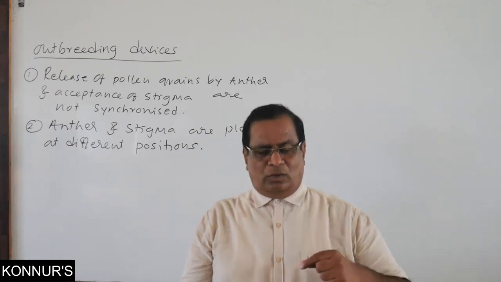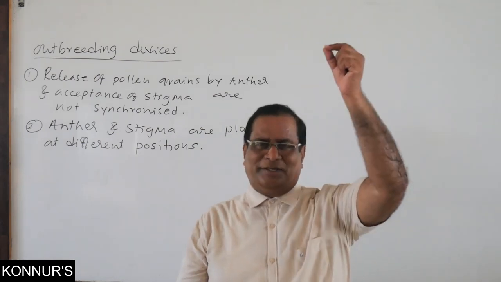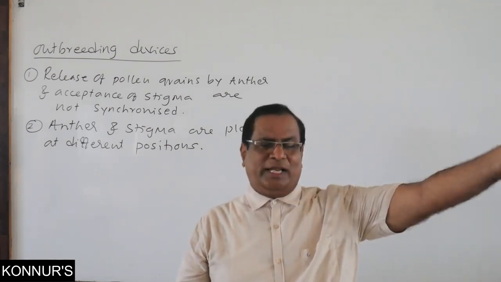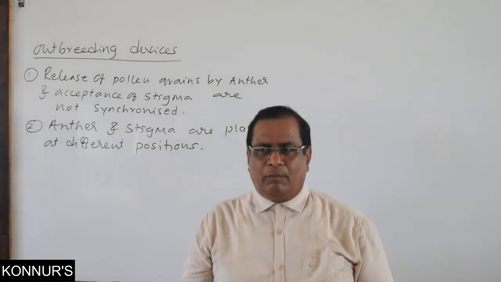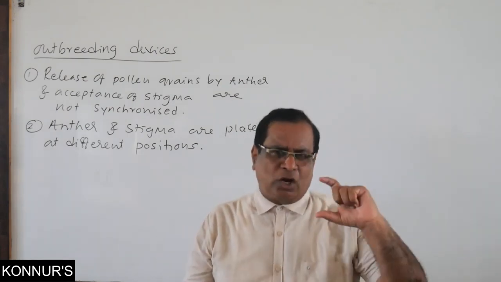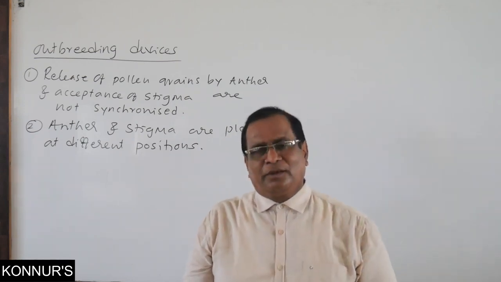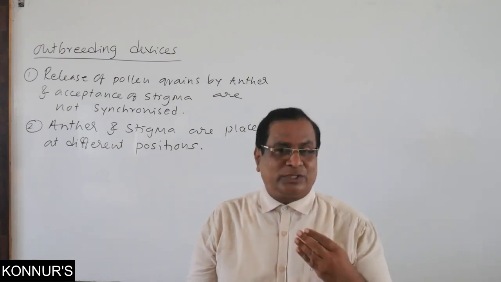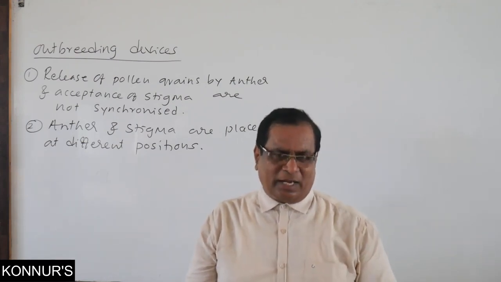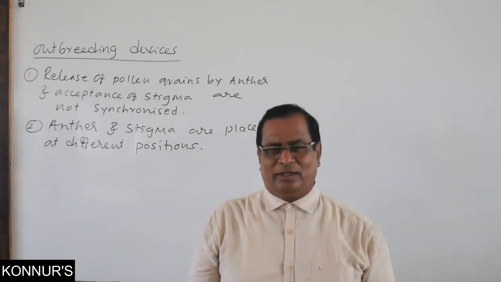Sometimes the style of the carpel is very elongated and the stigma is totally outside the flower, but the stamens have short filaments and the anthers are inside the flower, so there is no chance for the pollen grains to reach the stigma, which is stretched outward.